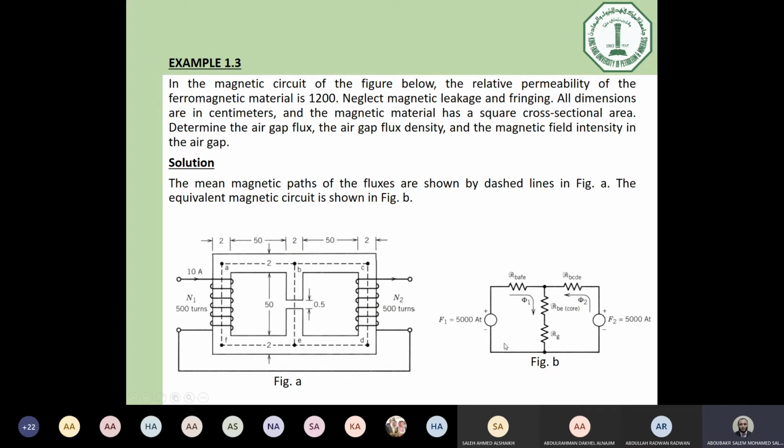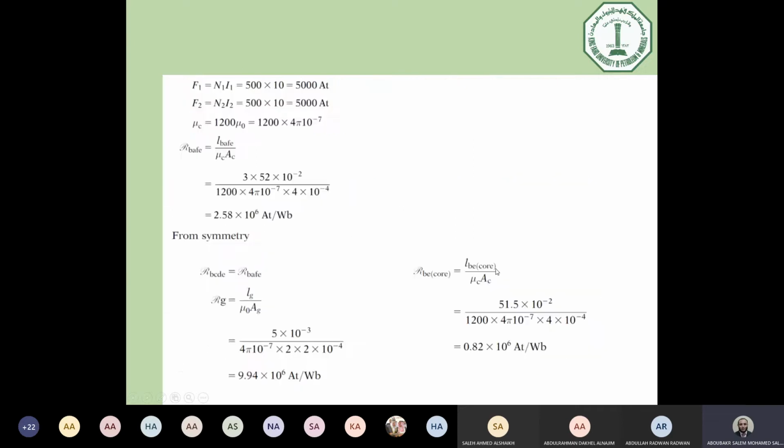For instance, we can take this loop, which is the MMF 5000 equal phi1 multiplied by all of the connected reluctances here, which is reluctance BAFE plus reluctance BE plus reluctance G. Also plus phi2 multiplied by the central limb reluctances. Okay, so this is the equation using Kirchhoff.